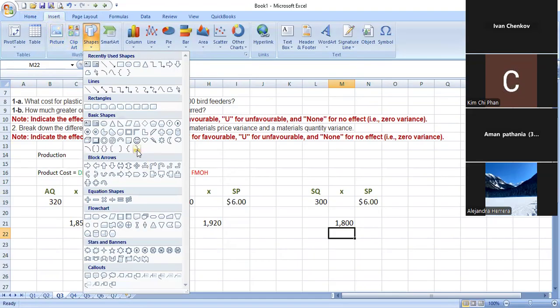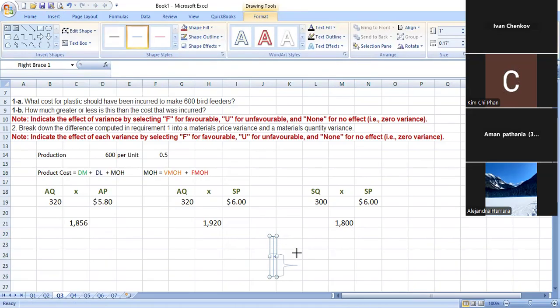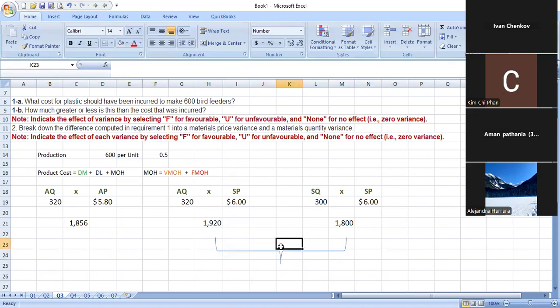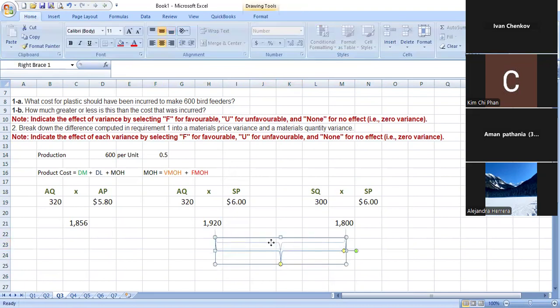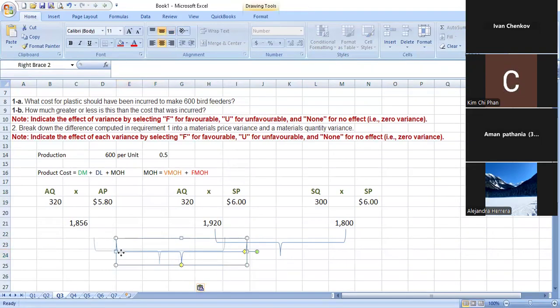And we have our variances. Let's put some shapes here. Let's expand it a little bit just to make it nice. Now we have the first variance and we have the second variance.